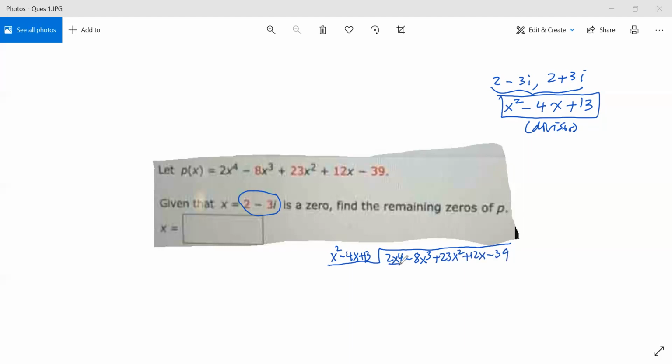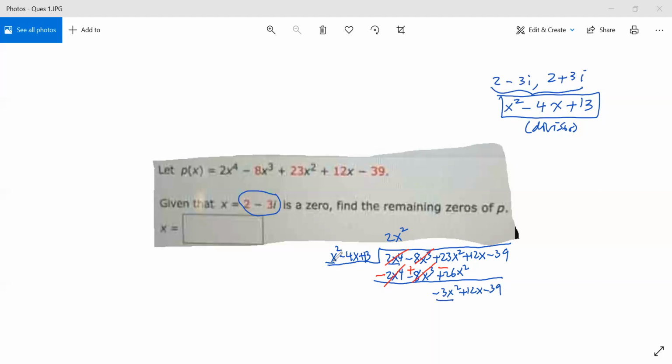Okay, so now divide 2x^4 by x squared, which is 2x squared. So it's 2x^4 when you multiply it, minus 8x cubed, and multiplied by 13 that's going to be 26x squared, and then change the sign. Change the sign, this is negative, this is positive, this is negative, so these two cancel, so 23 minus 26 is going to be negative 3x squared, and then you bring the other two down, and do it again.